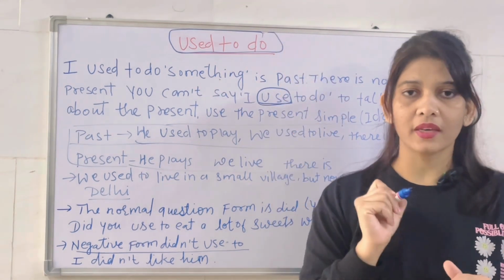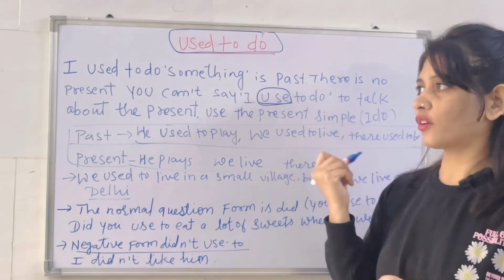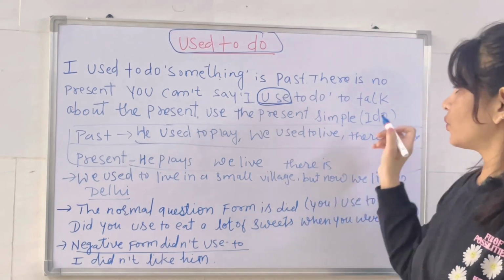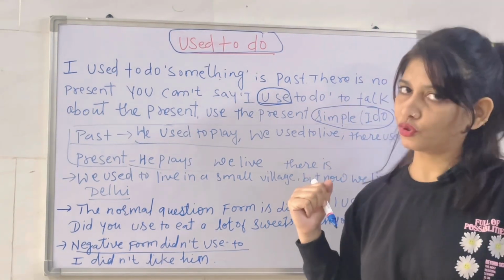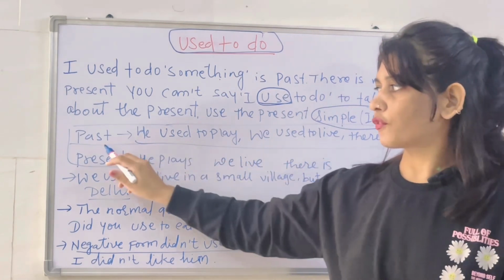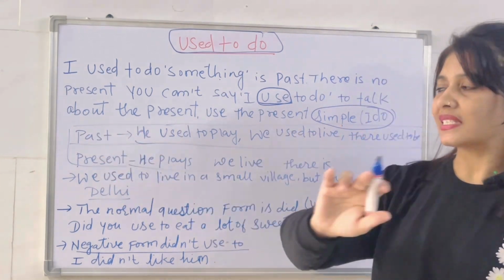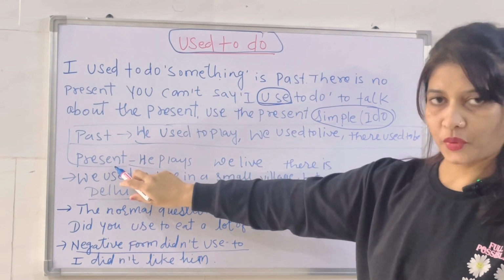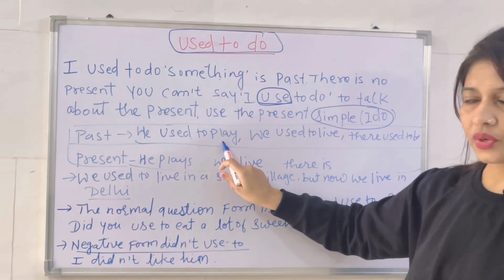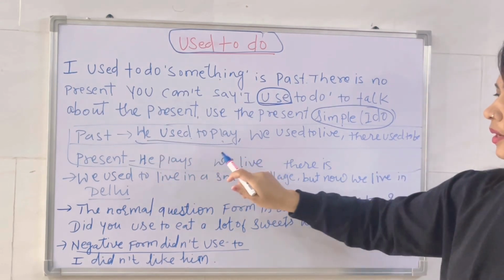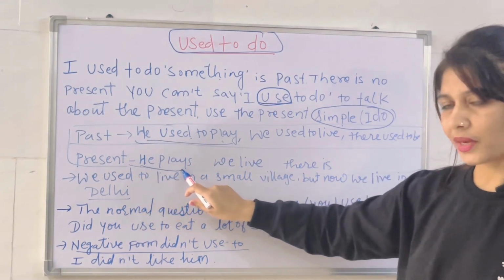Okay. If you are talking about the present, then you have to use present simple tense. For example, you can see the difference between the past and present. Past, we used to play. But here in present, he plays.